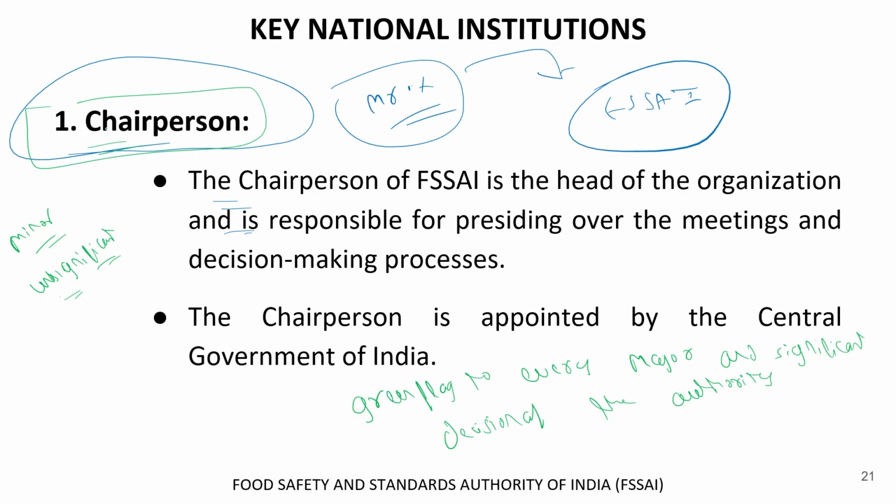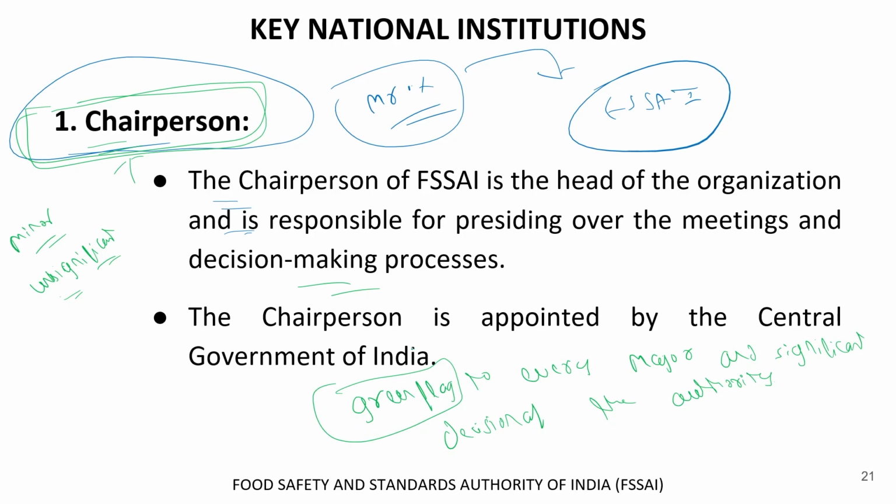The efficiency of FSSAI will be increased? No, because each and every matter is going towards the chairperson. He is not able to handle all this magnitude. That's why only the major and significant decisions which are taken by the meetings get the green flag from the chairperson.